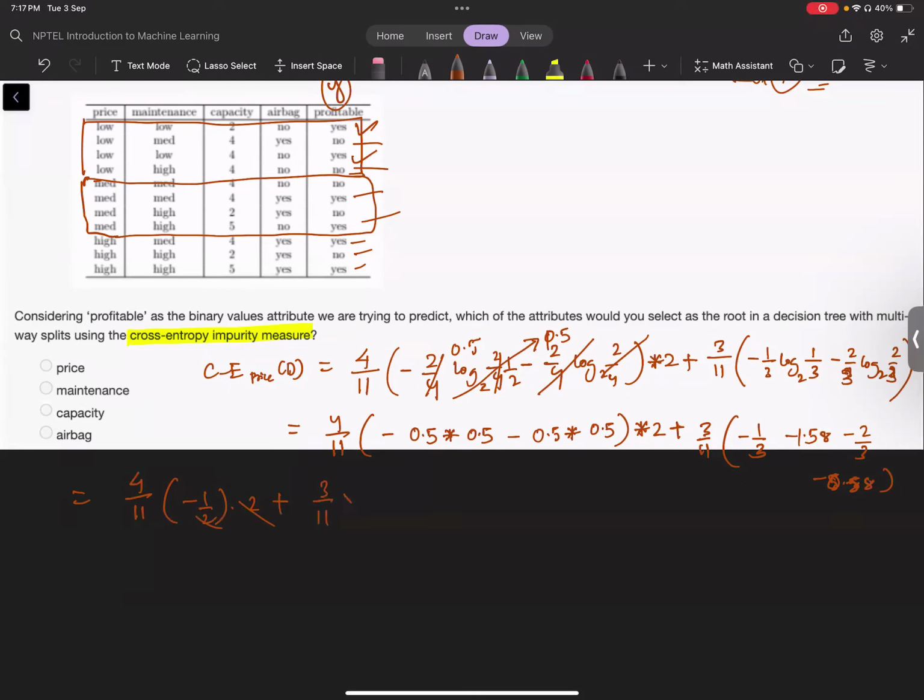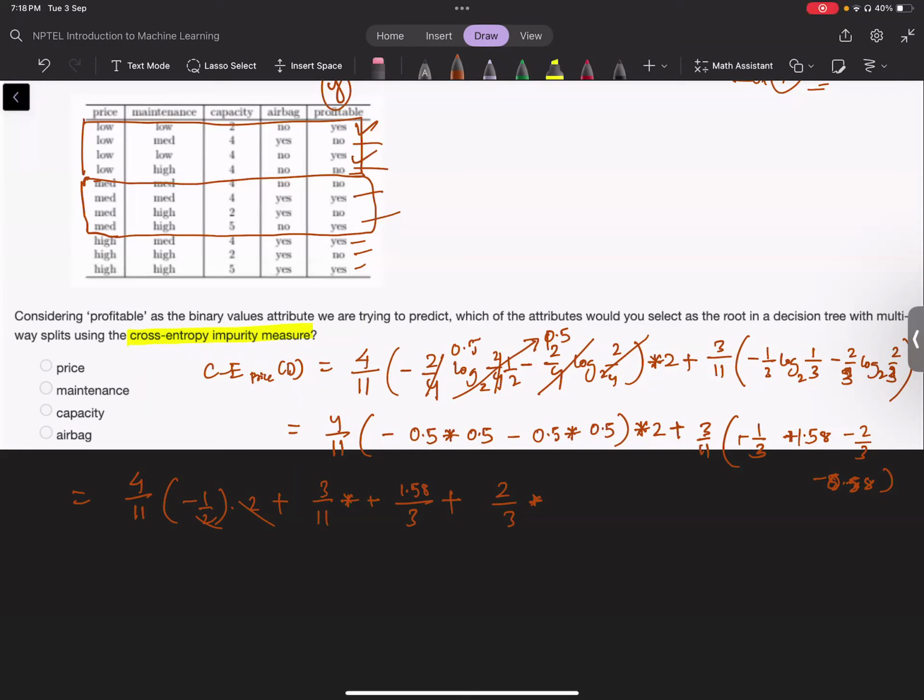Plus 3 by 11 into plus 1.58 by 3, then plus 2 by 3 into 0.58. Sorry, 1.58 is added here, right? No, it's multiplied.